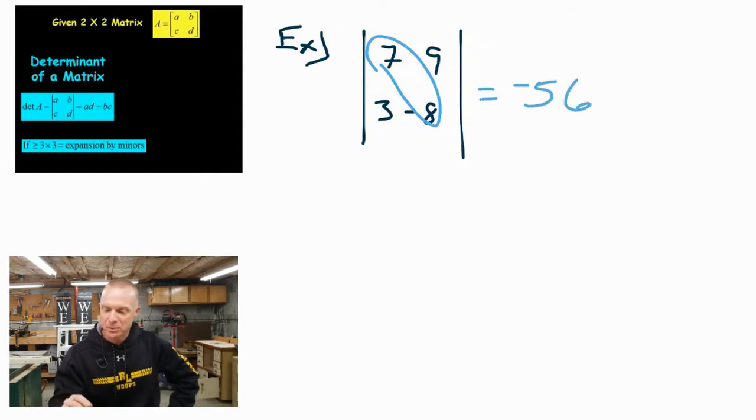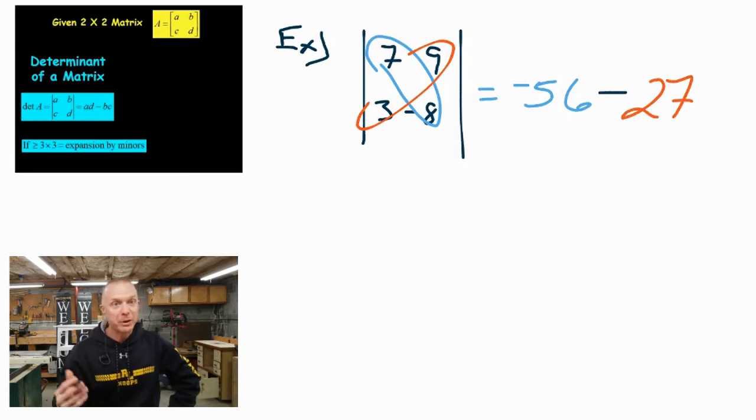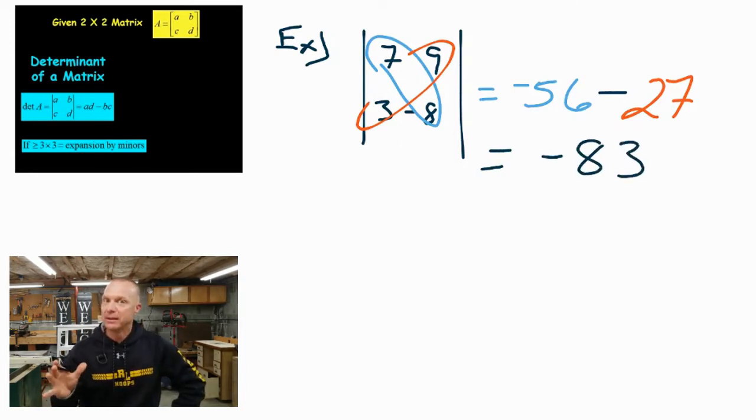And then there's always a subtraction sign that's part of the formula. And we'll multiply the numbers in the secondary diagonal, and obviously that comes out to be 27. So we have -56 minus 27, and that equals -83. So we would say the determinant of that 2 by 2 matrix is -83.